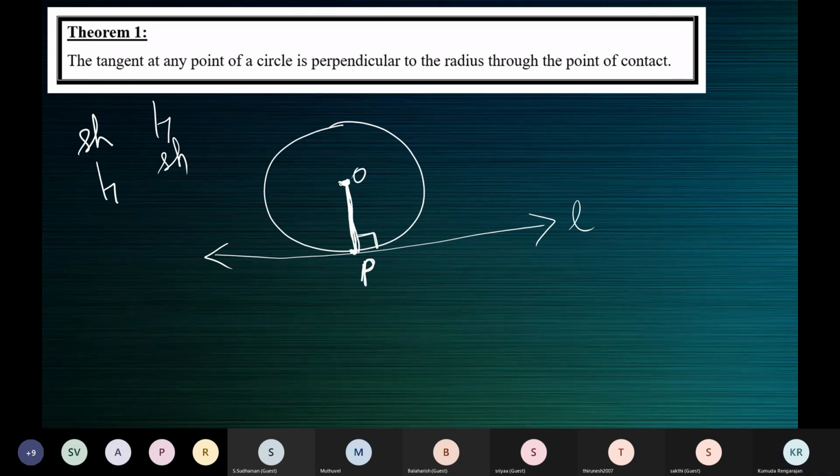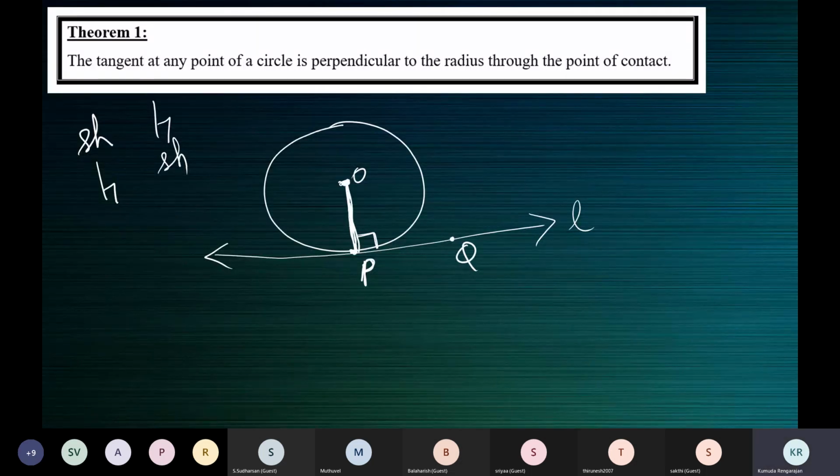Okay. So now, as we said, on the tangent, there are many points. So let's take another point Q. Tell me, children, are there any points on the tangent that go inside the circle?